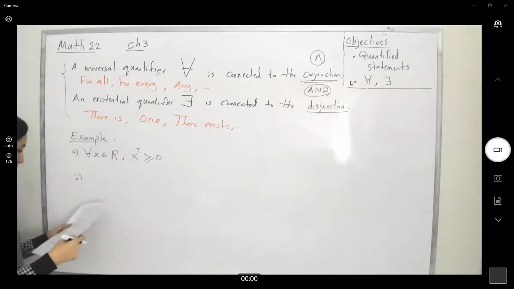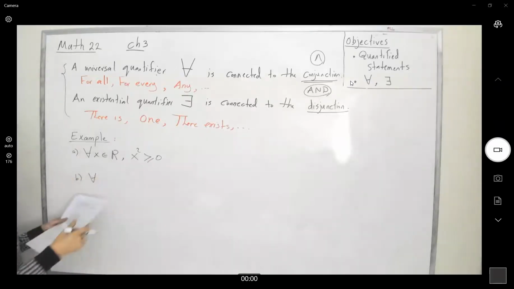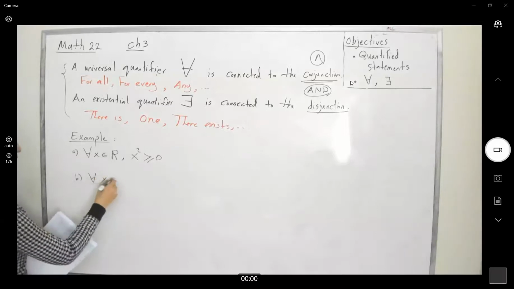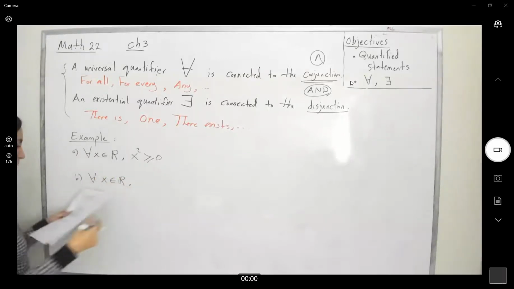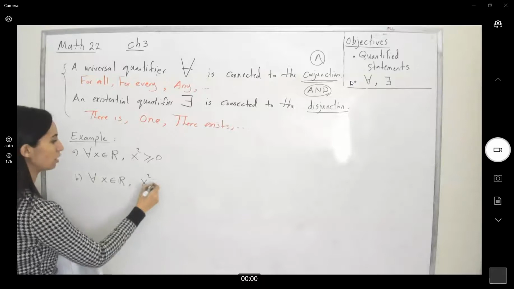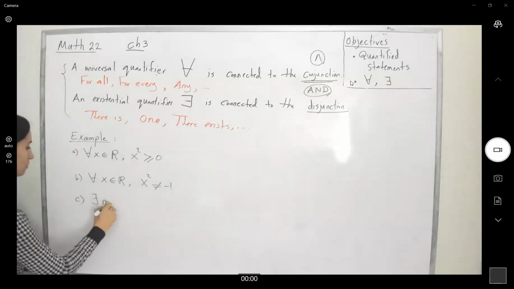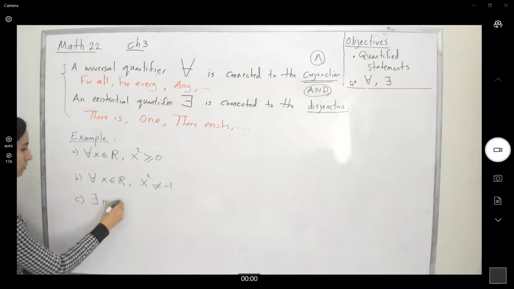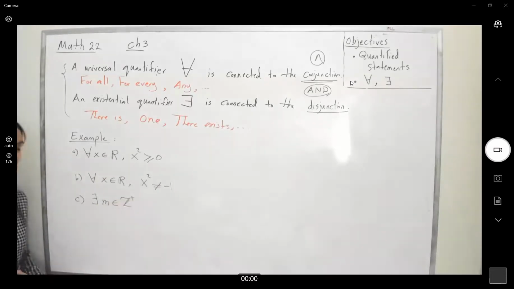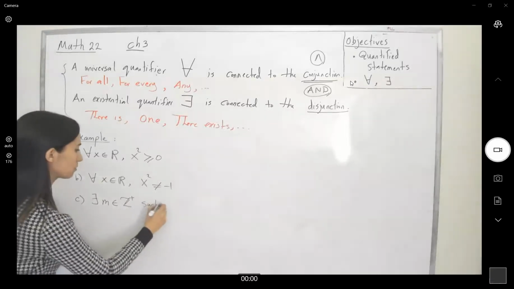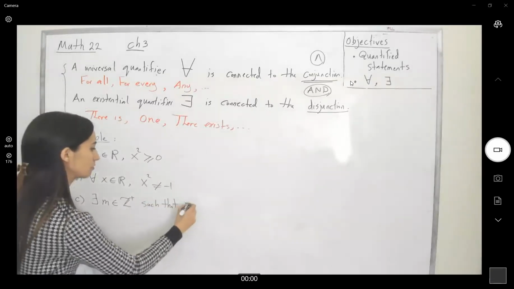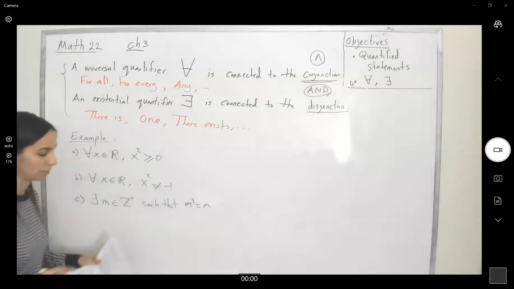B, you have a universal quantifier, x is in R, and we have the following: x squared is not negative 1. And C says you have an existential quantifier, m is a positive integer such that m squared is equal to m.